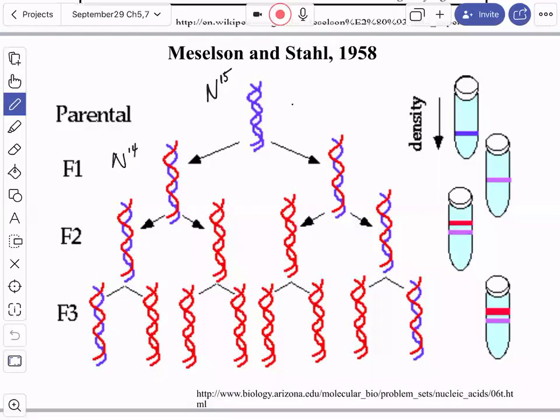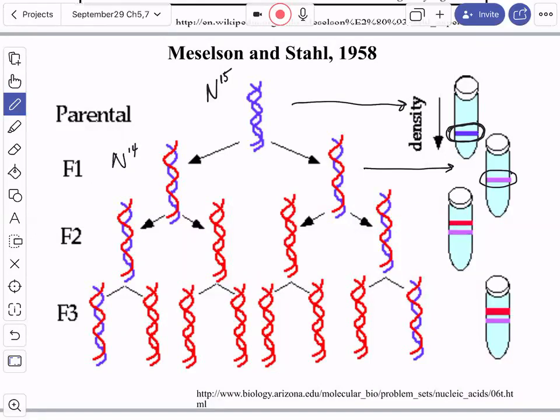So if they centrifuged the cells that were grown on the heavy nitrogen, you would get a band that's pretty low in the tube here, a distinctive spot. After the first generation, so remember these are cells that were switched to light nitrogen, you would get a band that's a little bit higher, a little bit lighter than the original one.